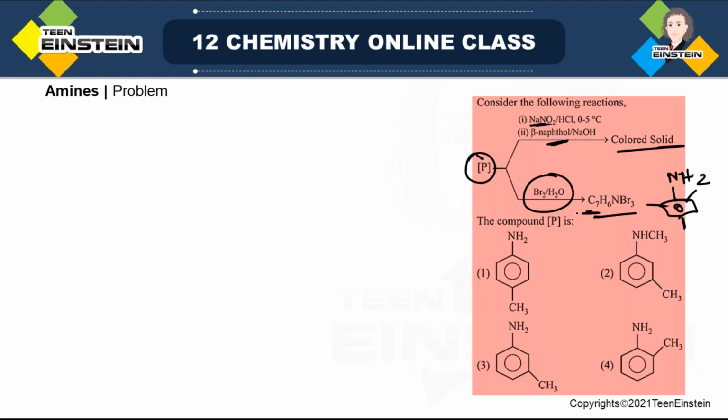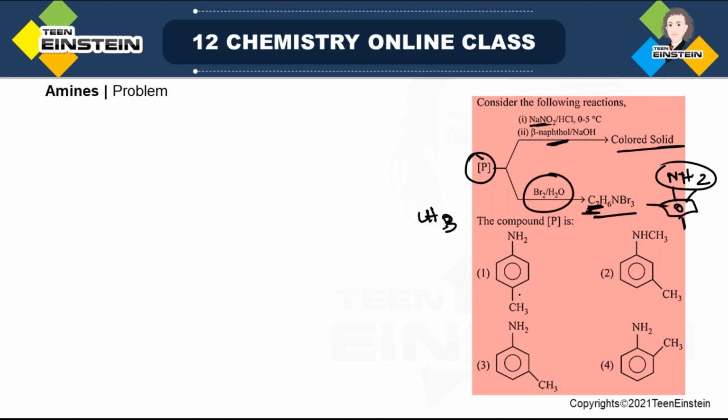Now if we look at the options, for tri-substitution of bromine, that means the ortho and para positions with respect to the NH2 group must be empty. Otherwise, how will 3 bromines be inserted? Because only ortho and para hydrogens can be replaced by Br. You cannot replace the meta hydrogen. That means this extra carbon is present as a methyl group, which is clear from the options.